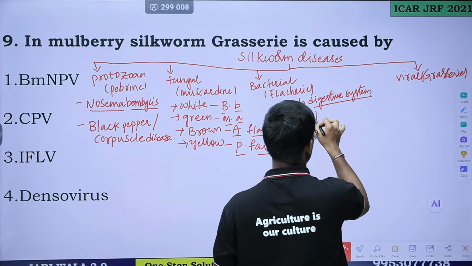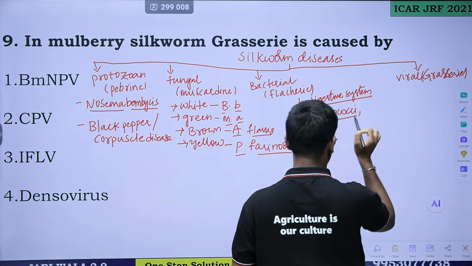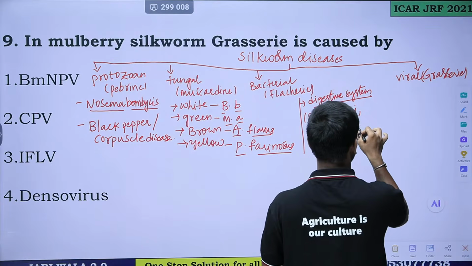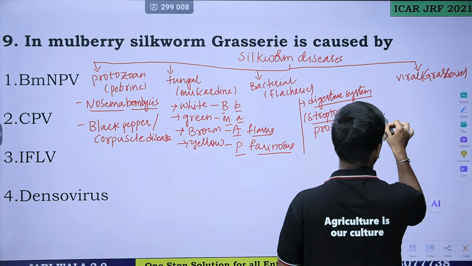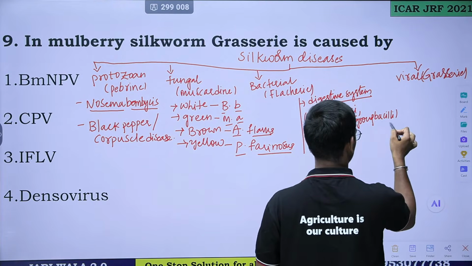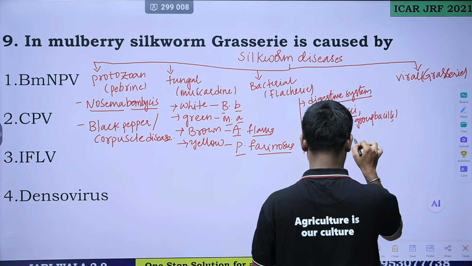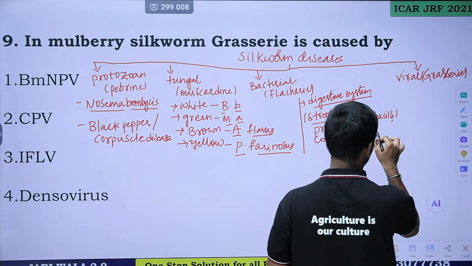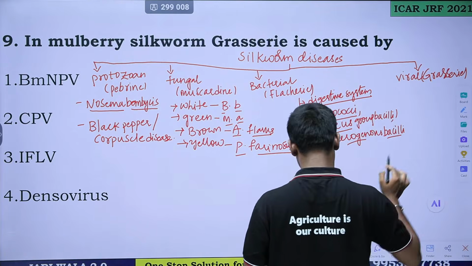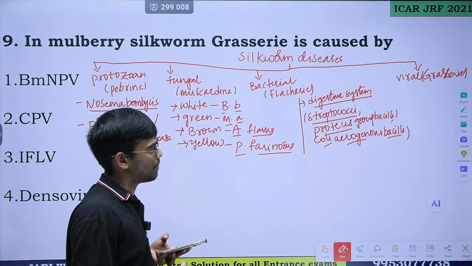Here the causal organisms are streptococci, Proteus group bacilli, and Cholaerogenous bacilli. These are the bacterial agents that cause damage to the digestive system.